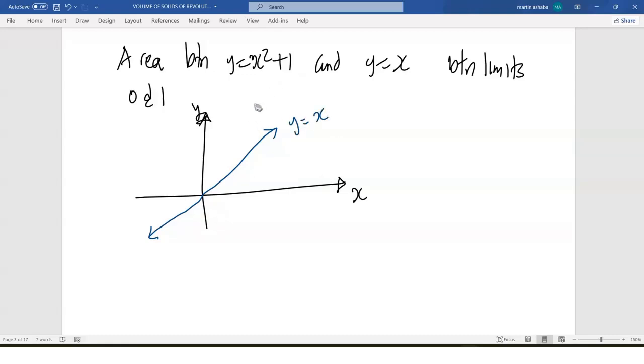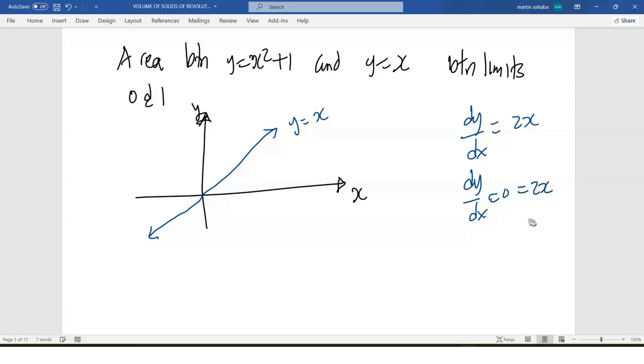Then let's look at this curve. If I want to look for its minimum point, dy/dx is equal to 2x. So when dy/dx is equal to 0, I will have a minimum point.